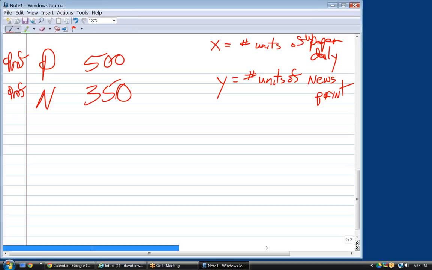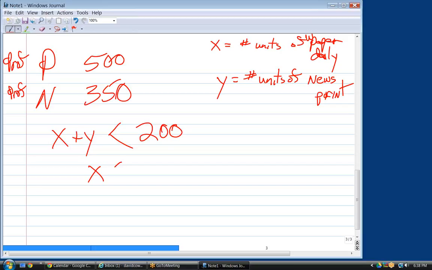It says the manufacturer is bound by the following constraints. Equipment in the factory allows for making at most 200 units of writing paper and newsprint in a day. Regular customers require at least 10 units of writing paper and at least 80 units of newsprint daily. So x plus y has to be less than or equal to 200.